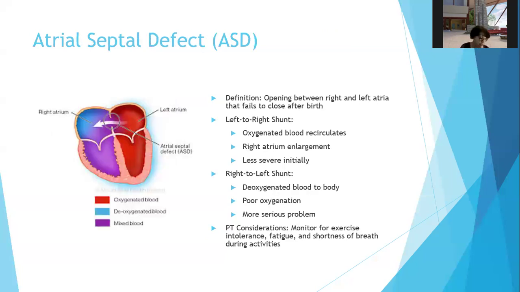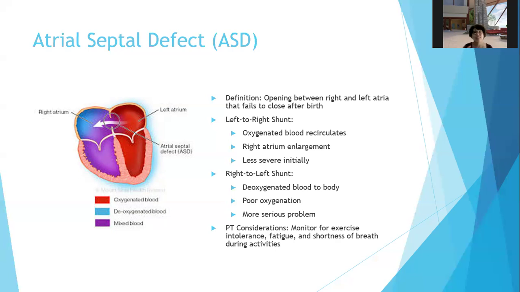So you can have septal defects either between the two atria or between the two ventricles. With an atrial septal defect, you can have an opening between the right and left atria, and that's normal during fetal development, but after birth, it's supposed to close. You can have a left to right shunt where oxygenated blood recirculates, which causes right atrium enlargement.